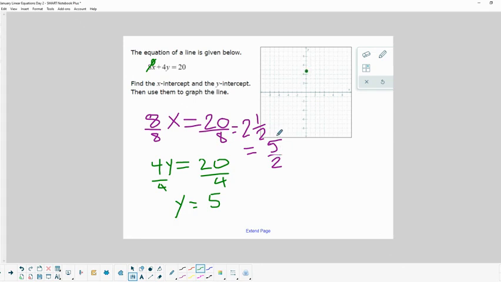Now to graph this first one, the x-intercept, you have to use this little tool right here on Alex. And when you click on it, it will allow you to type in the coordinates of this point. And since it's the x-intercept, you will type in 5/2, comma, 0, and then hit plot point.